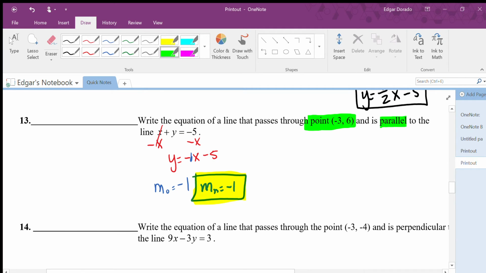So now you guys should be able to figure out how to put this in point slope form. I'll start you guys off once again. Y minus y1 equals m, x minus x1. Go ahead and substitute all your values in there, distribute, and find your final answer. So go ahead and give that a shot, and then we will finish off there.